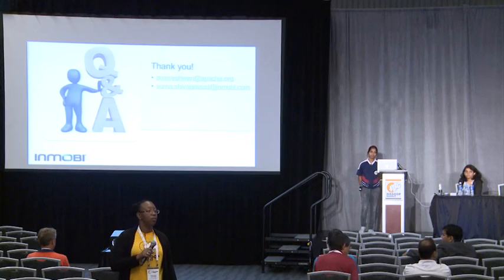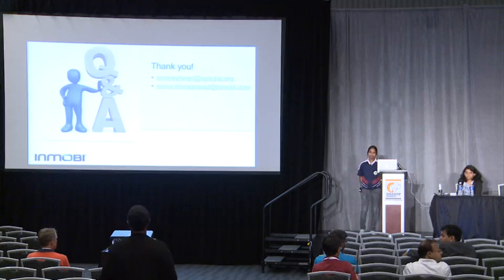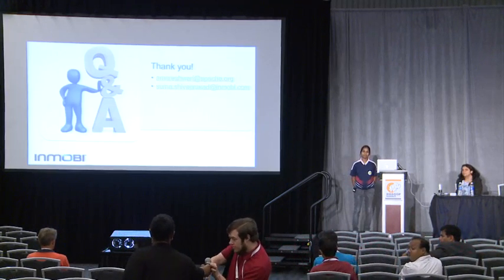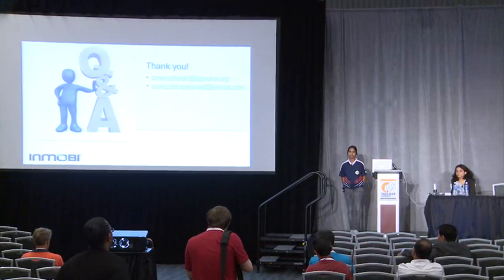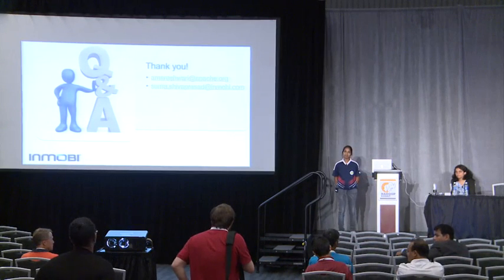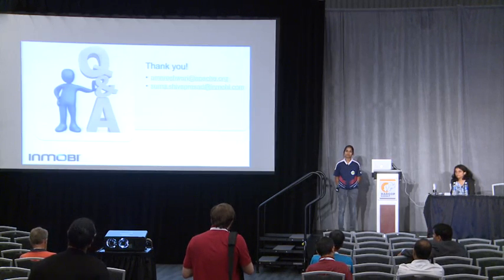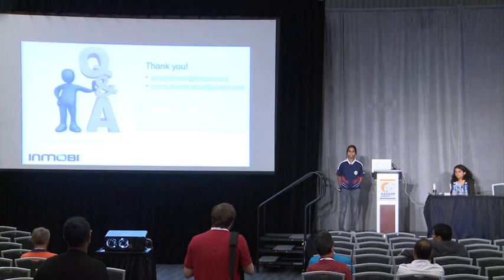Any more questions? Hi. How do you deal with count distinct dimensions when aggregating over time? Because if it's a distinct, you can't just sum it straightforwardly.